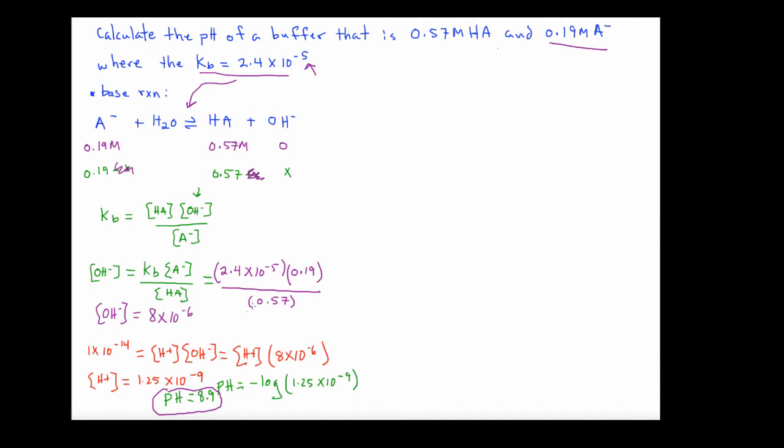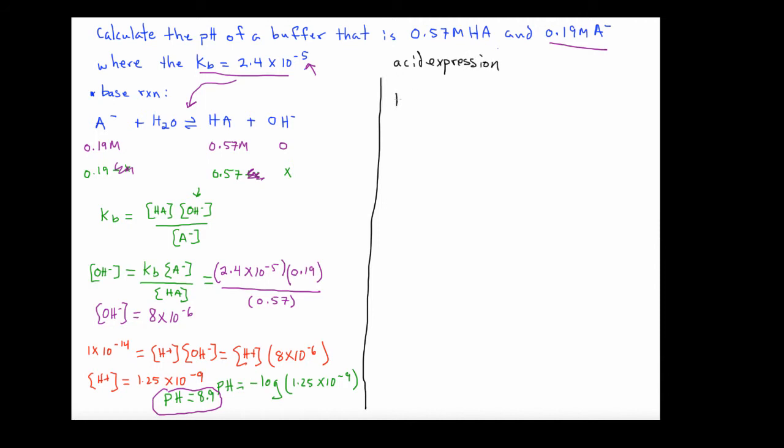Now, as I promised, what I want to prove to the viewer is that we can actually use the HA expression to solve the same exact problem. So what I'm going to do is turn this on its head, and I'm going to write the acid expression now over here.